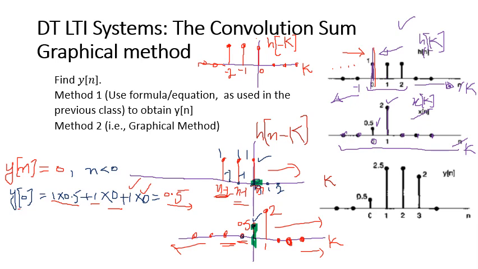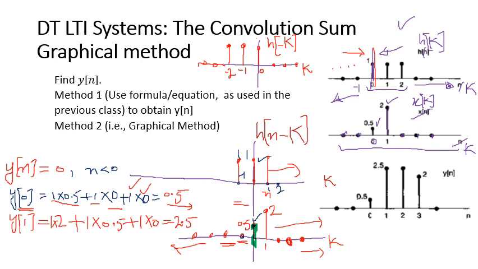So that's why I have mentioned here y of 0. Similarly, we can go for y of 1. We shift the signal one more unit, so now n equals 1, so y of 1.